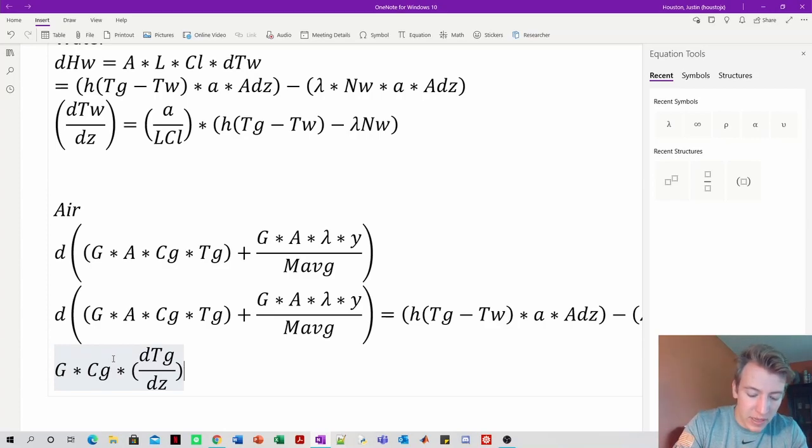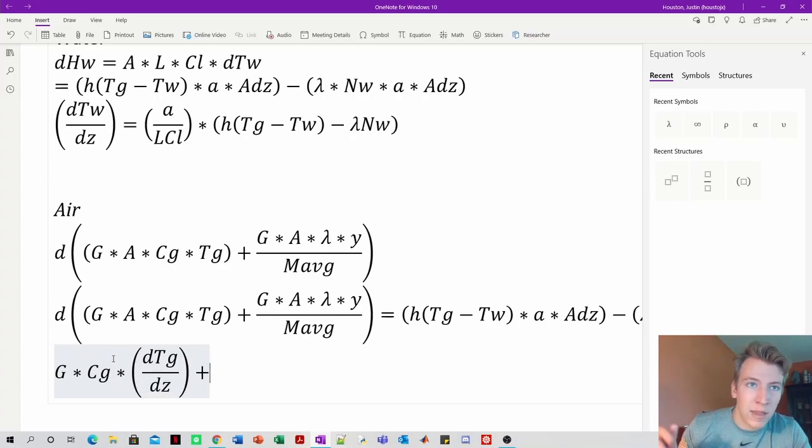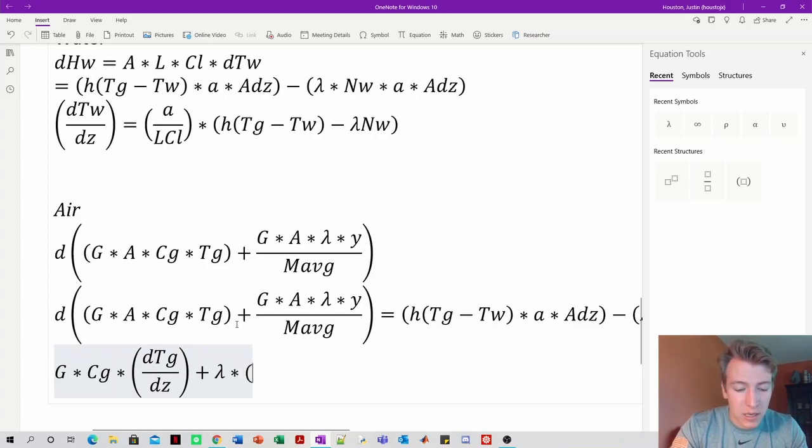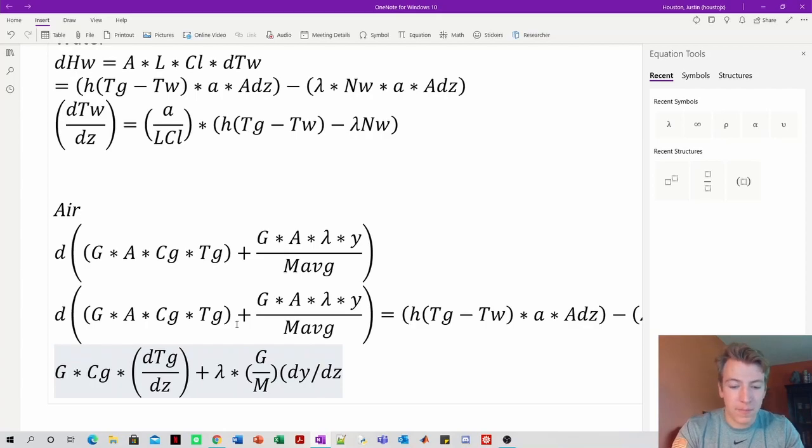Okay, and that is going to be plus, since we're still on the left hand side, that lambda, the enthalpy of vaporization, times, and we already defined that the gas flow rate divided by the average molecular weight is a constant, times that change in the mole fraction, dy over dz. Okay, and that's going to be all equal to the right hand side now.